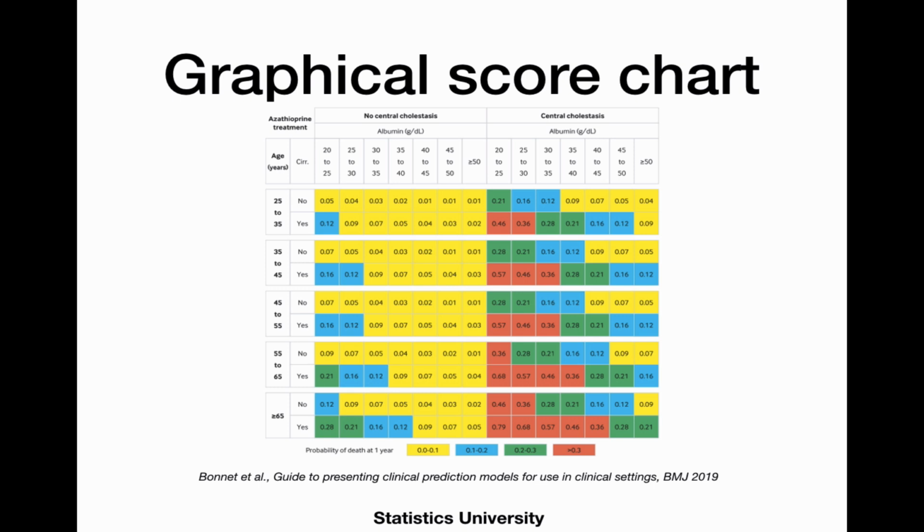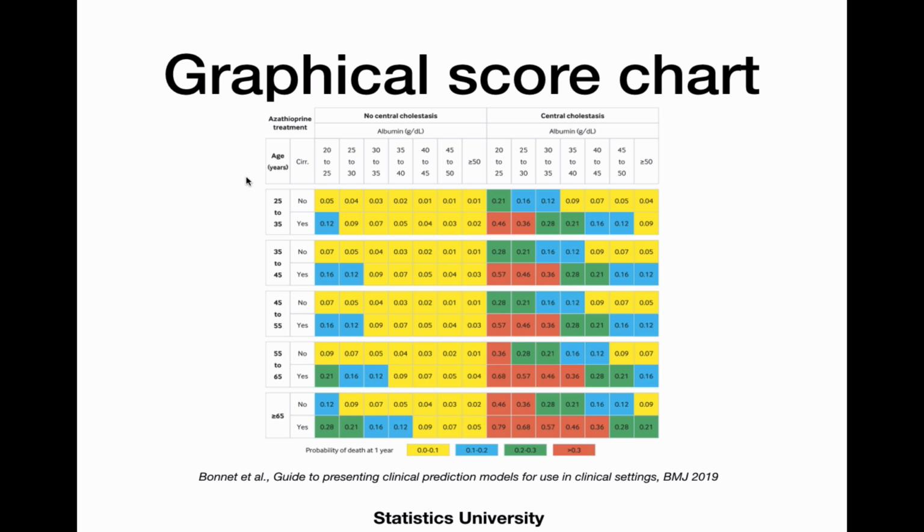Now, a more graphically appealing way of doing this is using a graphical score chart, which is very commonly used, for example, in cardiovascular risk scores, where the chart is constructed in a way that it is broken up into different rows and columns that correspond to values in the model variables. And this is based on the same model as the point score system that you saw before.